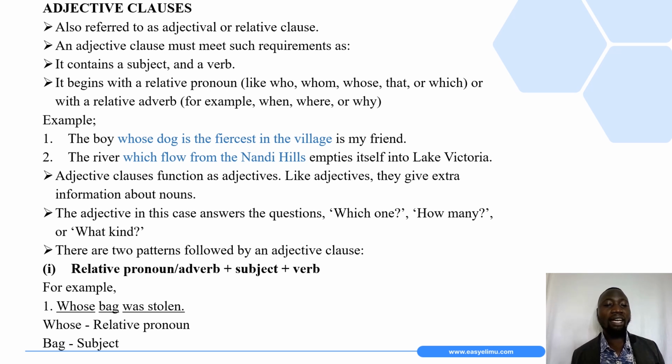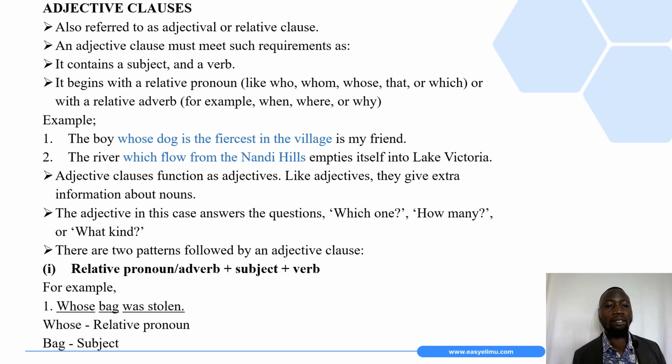There are examples that we have in sentences that we can use to identify the adjectival clauses. Remember that for a clause to be called an adjectival clause, number one, it must contain a subject and a verb, and number two, it must begin with either a relative pronoun or a relative adverb. So we have the sentence, the boy whose dog is the fiercest in the village is my friend.